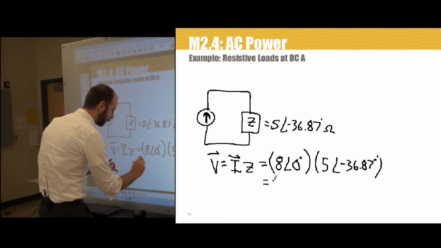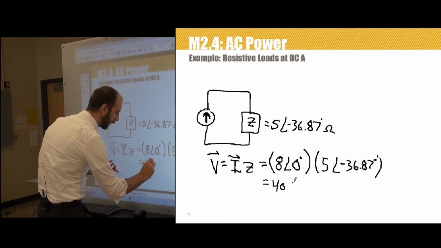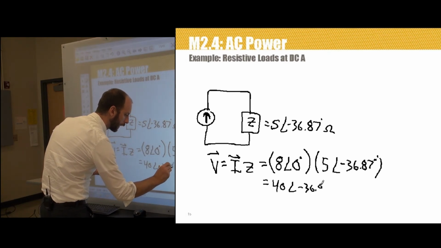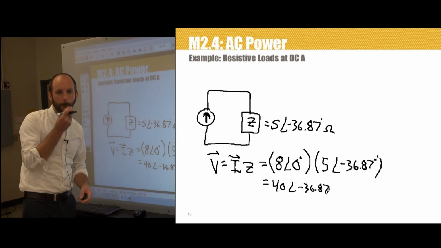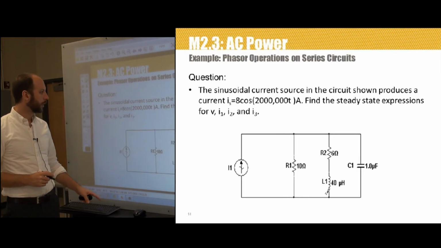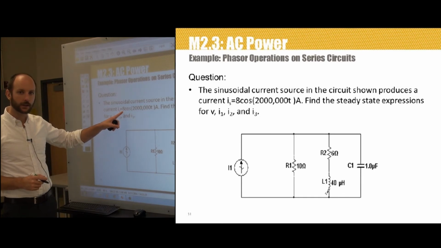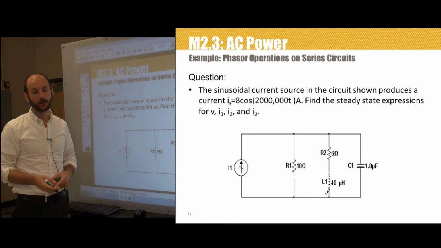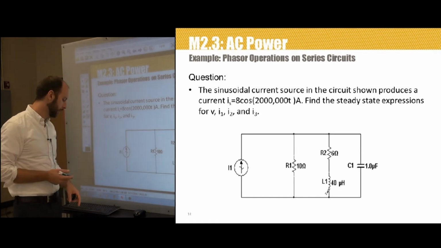So we get a voltage of 40 at an angle of negative 36.87. You'll notice that I used 8 in the calculation, which means I calculated a peak value. 40 volts at an angle of negative 36.87 is the peak quantity.